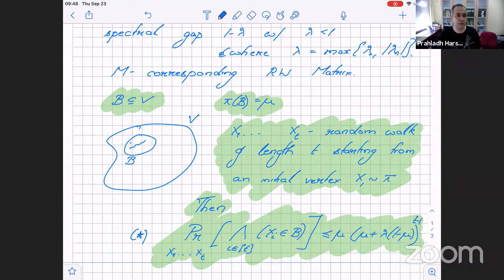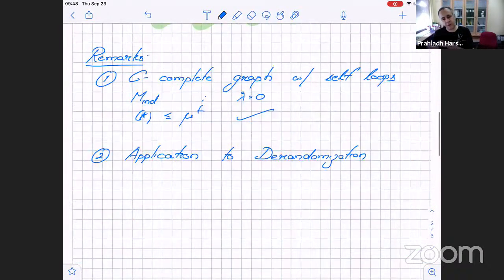Not. So let's see an application of it. Let's see the power of it, and then let's go to the proof. Let's spend the next 10 minutes on the application, and then we'll go into the proof.